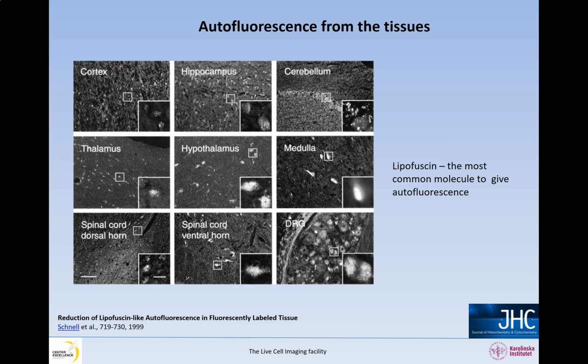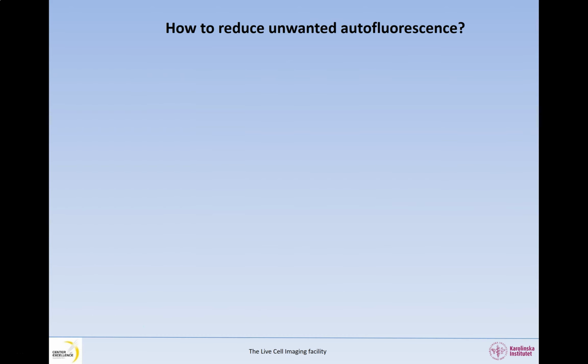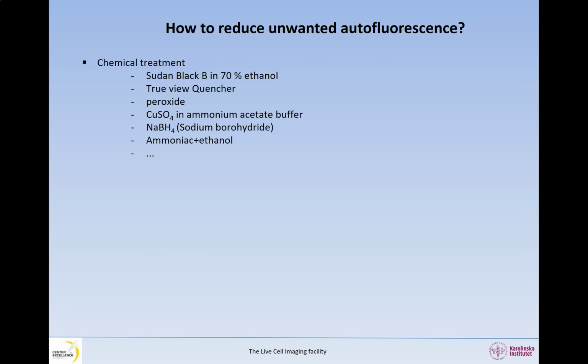In this panel, we can see images of different unstained tissues with clear signal coming from lipofuscin. How can you get rid of autofluorescence? One way is by chemical treatment, such as Sudan Black B, peroxide, cupric sulfate in ammonium acetate solution, sodium borohydride, ammonia plus ethanol, and many more.